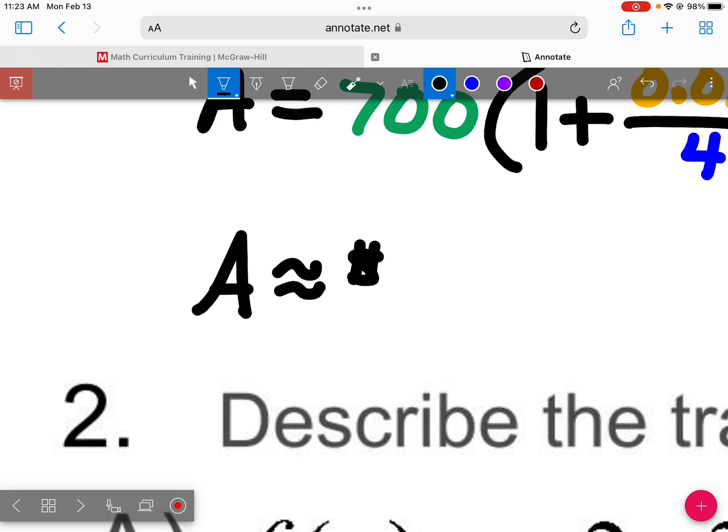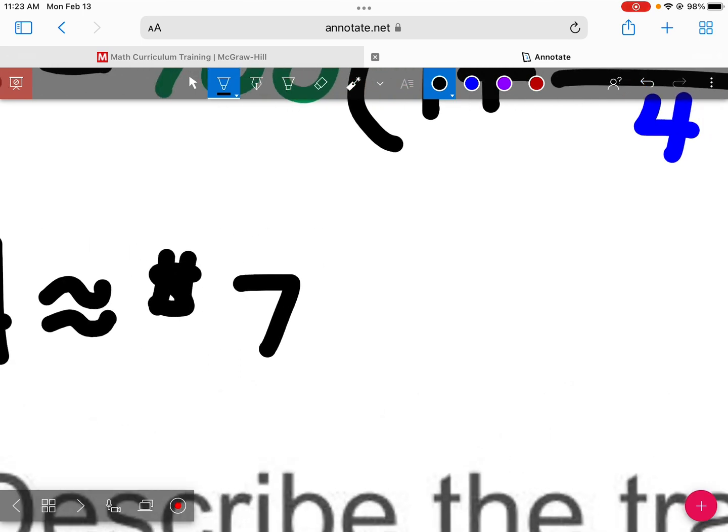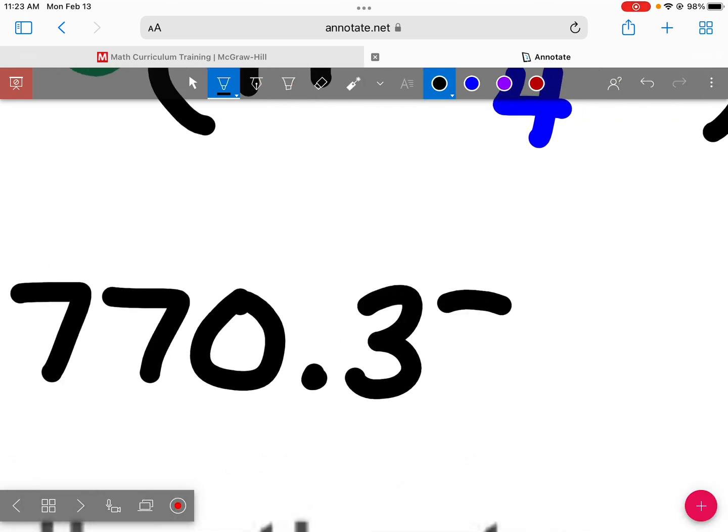Guys, make sure you typed in exactly like it shows on the screen. 770 and 38 cents. If it's not an exponent, it makes an enormous difference. The 4 times 6 has to be an exponent.